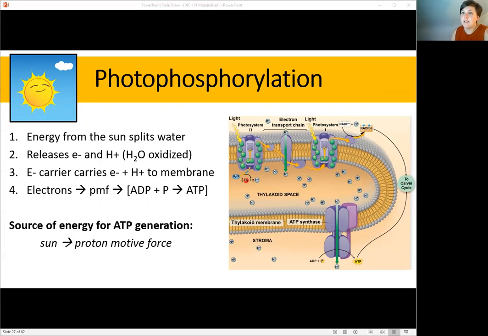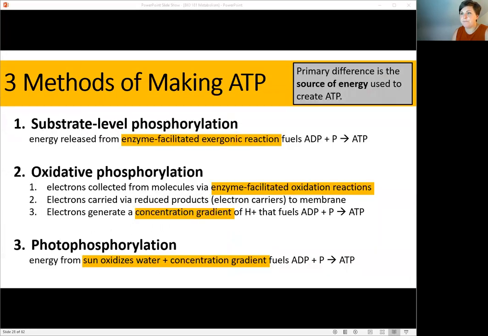This does release electrons and hydrogens, and these are used to generate a proton motive force, which leads to the phosphorylation of ADP into ATP. We will discuss photophosphorylation later in greater depth. For now, just know that energy from the sun is what enables the establishment of a proton motive force, and this is what enables phosphorylation of ATP during photophosphorylation.